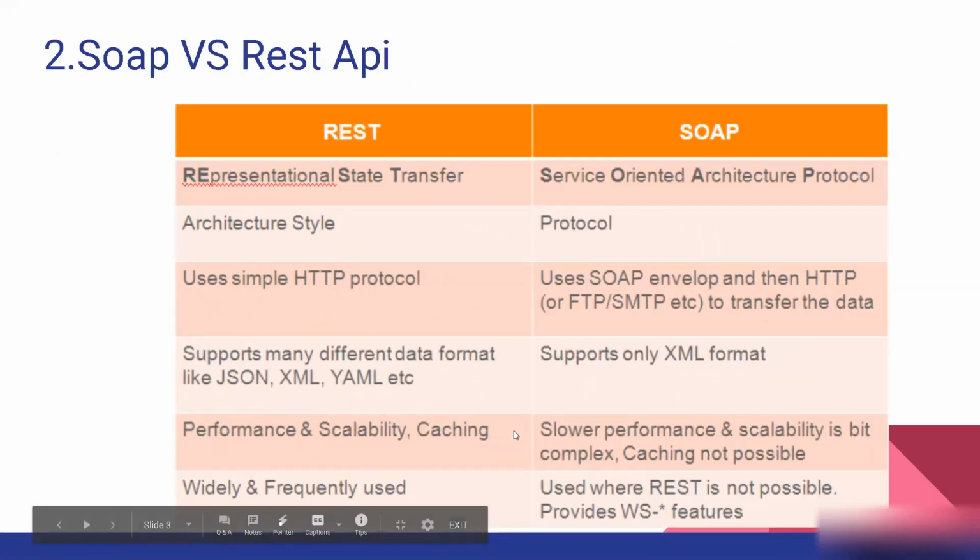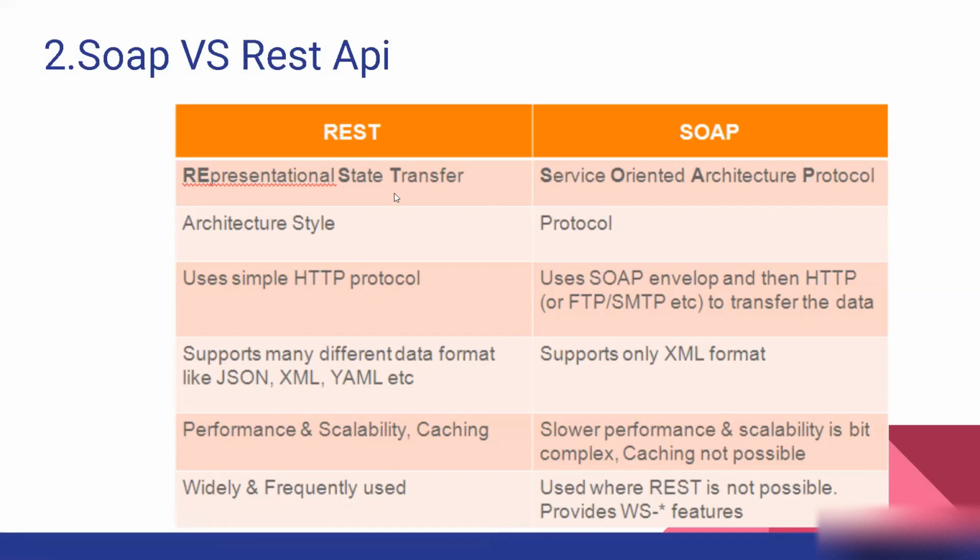Now, the types of transformation. We talked about transformation from one system to another system. This transformation happens through two particular protocols, or you can say formats, REST and SOAP, right? REST is Representational State Transfer, and SOAP is a service-oriented architecture protocol.